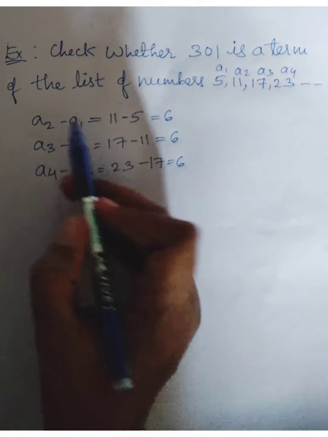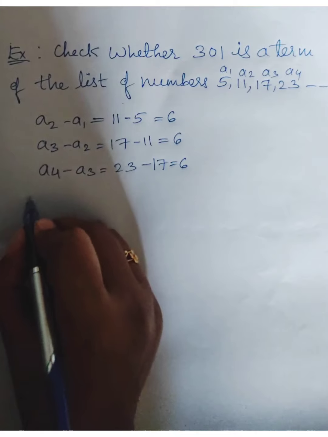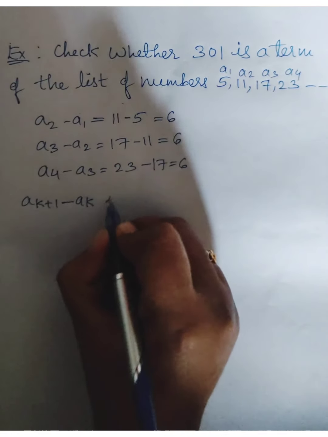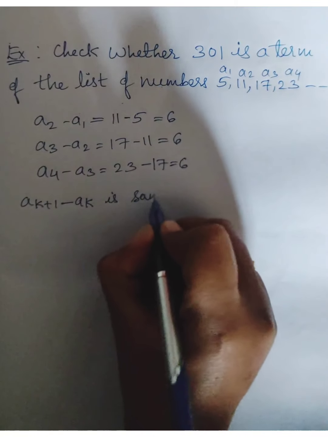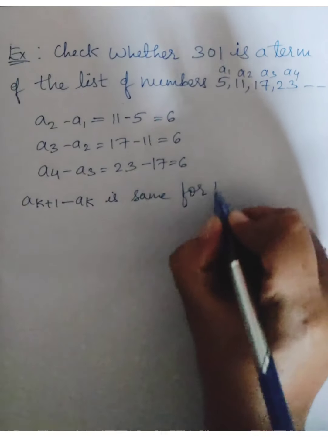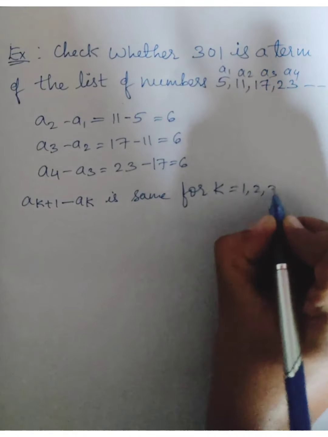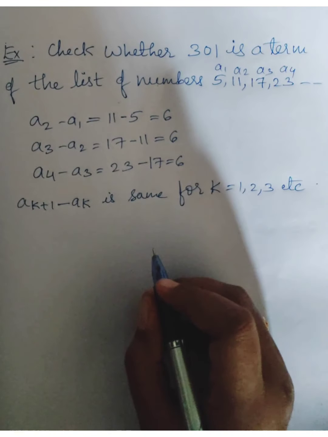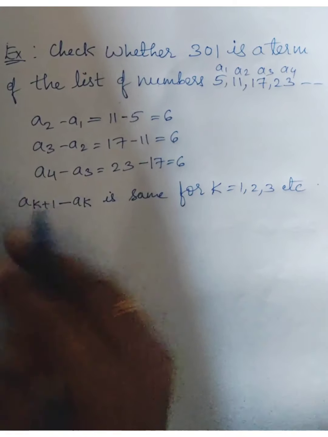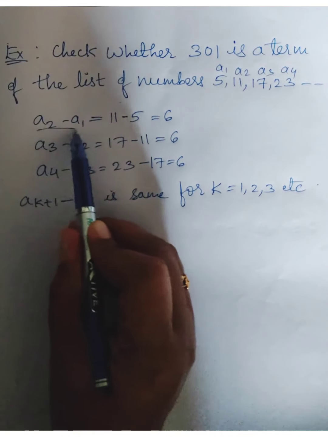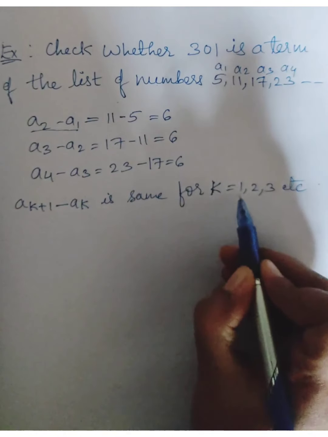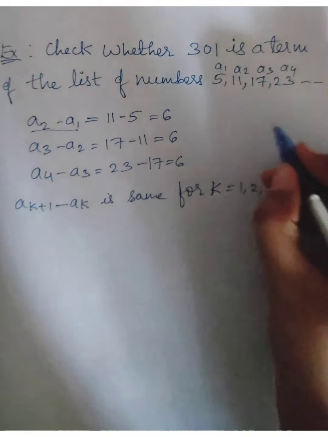Now I am going to take in general A(K+1) minus A(K) is the same for K equals 1, 2, 3, etc. Why have I taken this term? If you consider A2 minus A1, if you substitute K equals 1, 2, 3, what are you going to get?